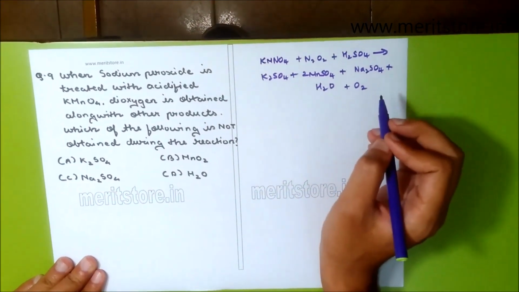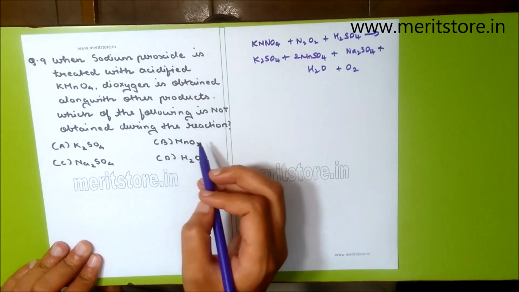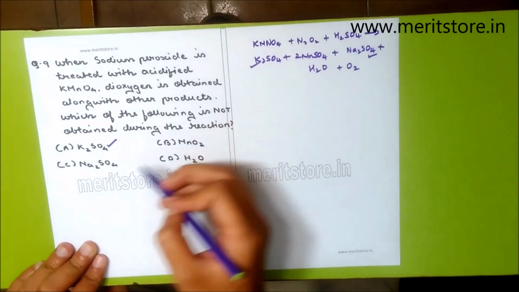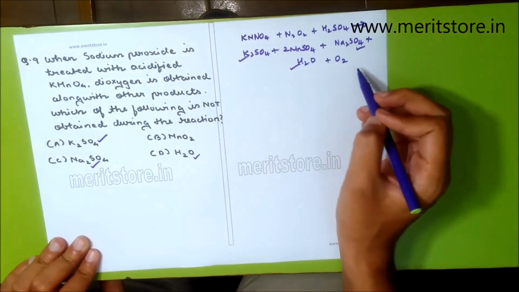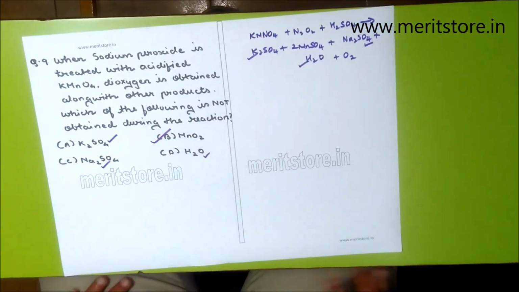These are the products we get. So of these, which is not obtained in this reaction? K2SO4 is obtained, Na2SO4 is a product, water is a product, and the other two are MnSO4 and oxygen. MnO2 is not a product of this reaction, so option B is the correct answer.